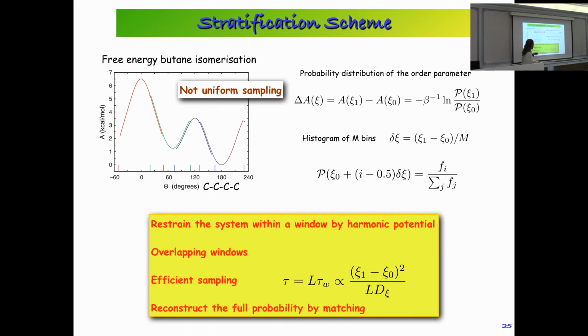The restriction here, and we see it also in other cases, is that it works fine in one dimension. Already when you have multidimensional collective variables, it's more problematic to collect the information.